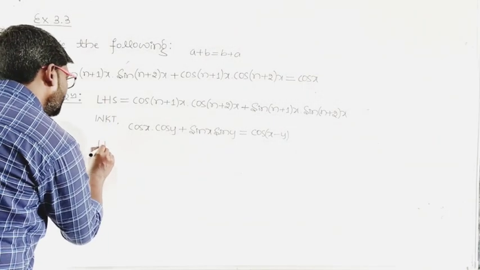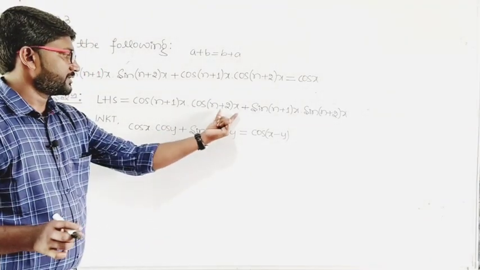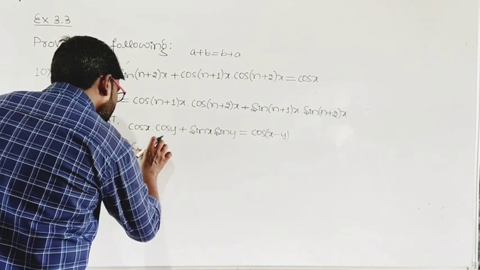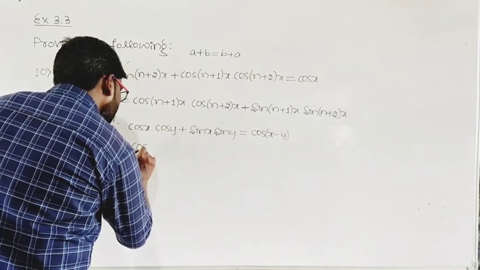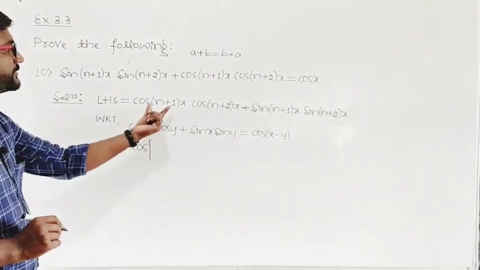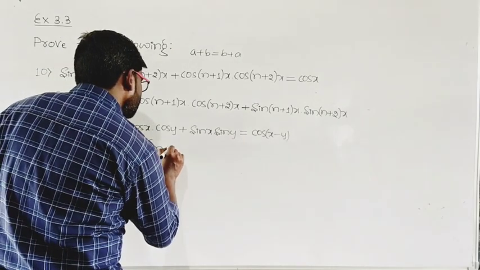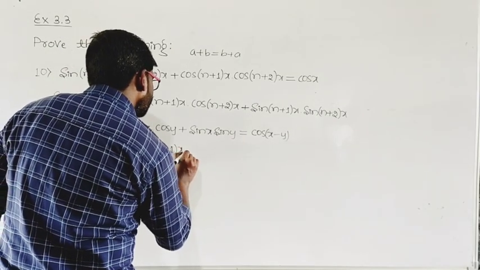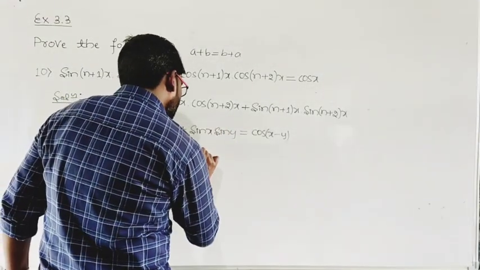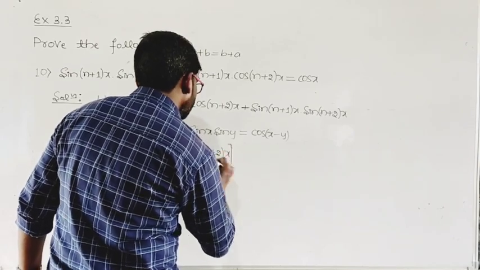Left hand side is equal to cos of x minus y, where x is going to be this entire term (n + 1) into x, minus y, and y is going to be this one, (n + 2) into x. Close the bracket.